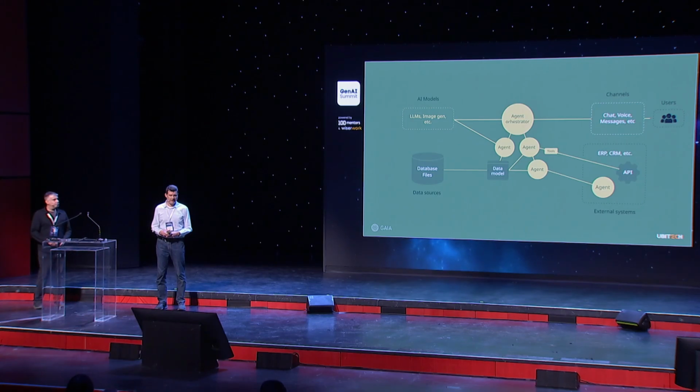In order for the agent to serve the request, first of all, it needs AI, so it needs an AI model, maybe more than one. Not only LLMs, now we have models that generate images, videos, audio, music, and so on. But apart from the model, it needs also some context. The context comes from data sources, like databases, files, and so on, but also comes from other systems, like ERPs, CRMs.